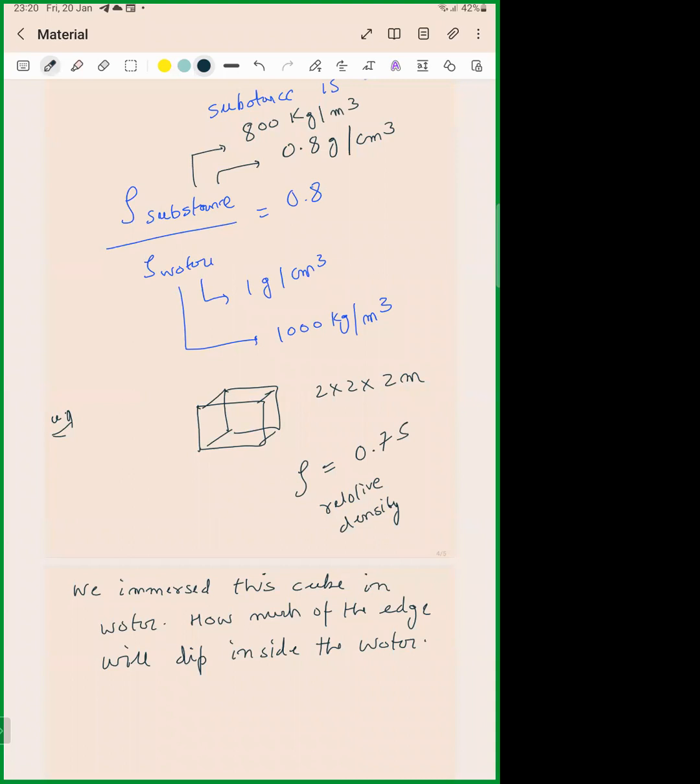So density is 0.75, let's say grams per centimeter cube. We should probably go kilograms, 750 kg per meter cubed. So if I calculate upthrust now, it is in water, so density of water multiplied by volume submerged, which we need to find, multiplied by G. I'll take G as 9.81.